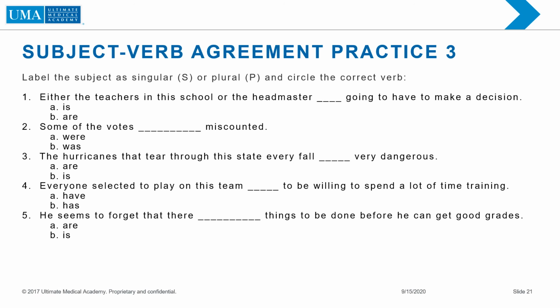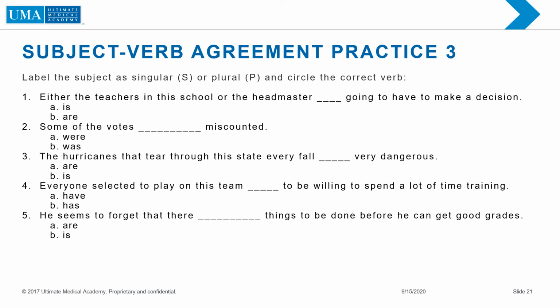The hurricanes that tear down this state every fall blank very dangerous. So is it are or is? Everyone selected to play on this team blank to be willing to spend a lot of time training.